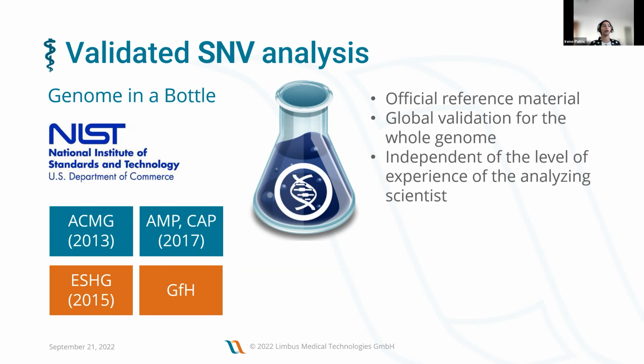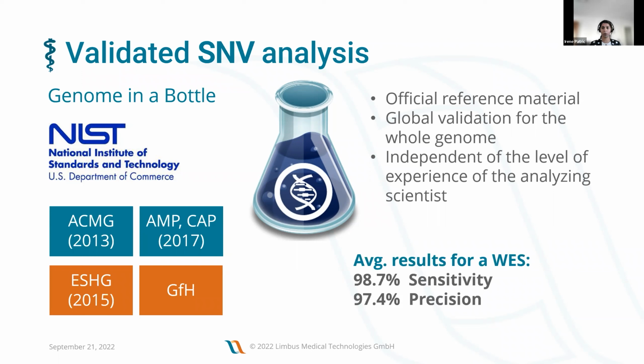Then we are able to compare the sensitivity and precision based on the data that we are generating for the current workflow. So for most cases, for a WES, we are able to see greater than 98% sensitivity and greater than 97% precision.